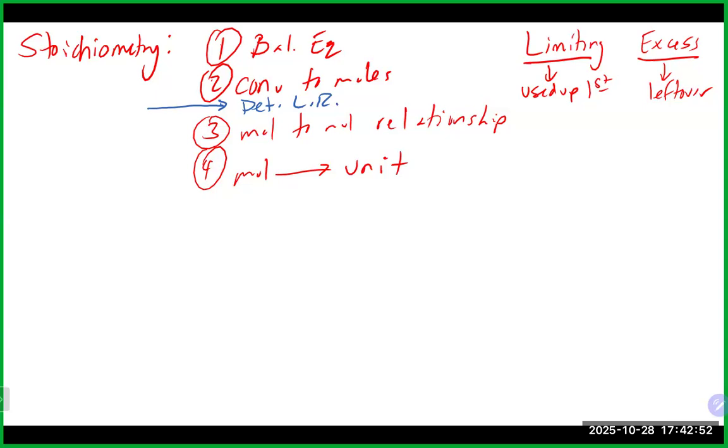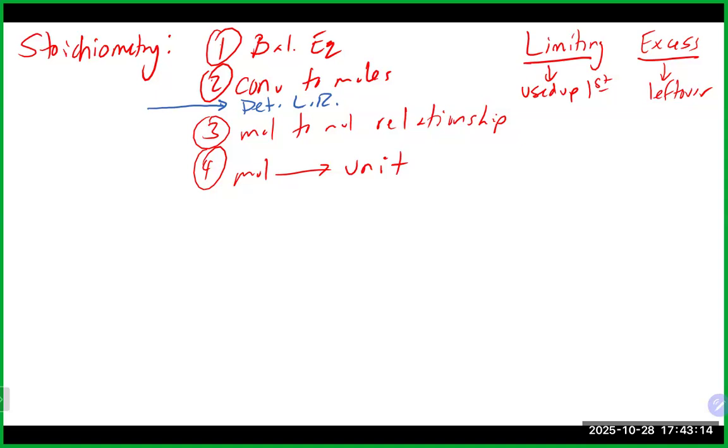You'll do just a basic stoichiometry calculation between the two reactants. And once you figure out how much is needed to use up that first reactant, you then can compare it to how many moles you have of each reactant to start with. If you have enough, then that's your excess reagent. If you do not have enough, then that is your limiting reagent.